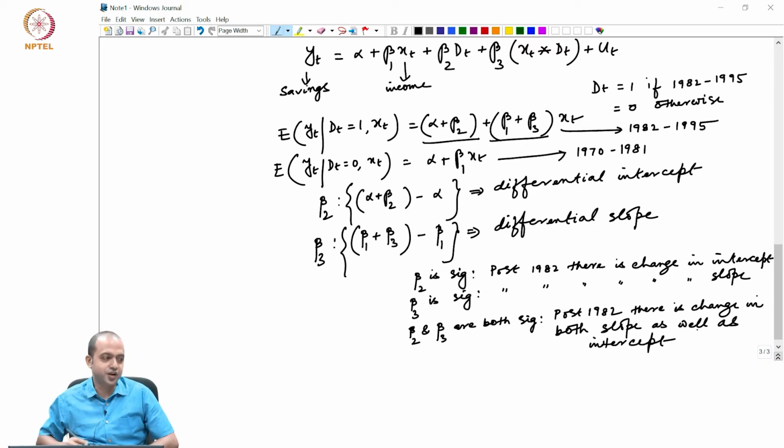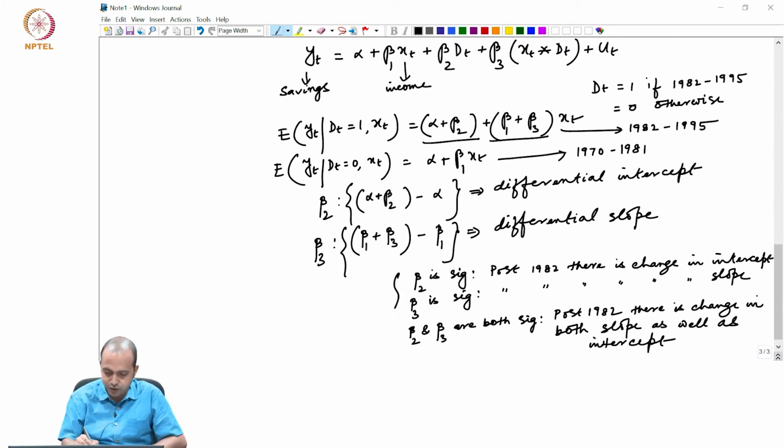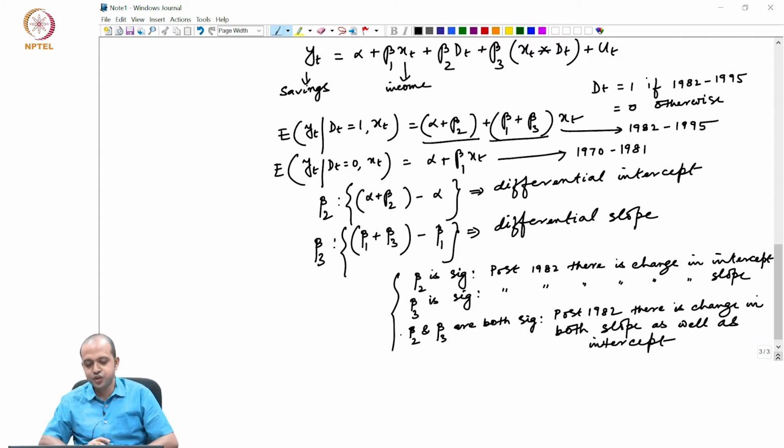Okay. This is how you have to fix the model, and then you have to estimate, and this is how you can interpret. So, this would be the post estimation interpretation: beta 2, beta 3 and significance of beta 2 and beta 3, right.